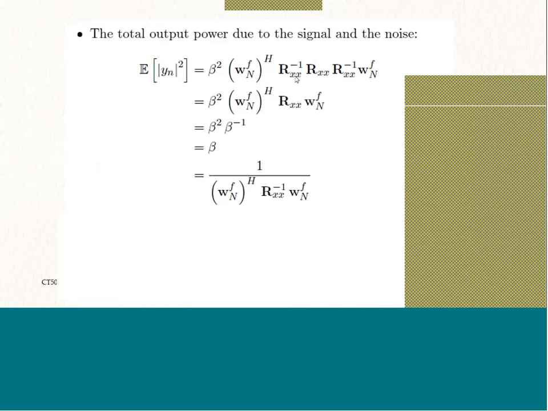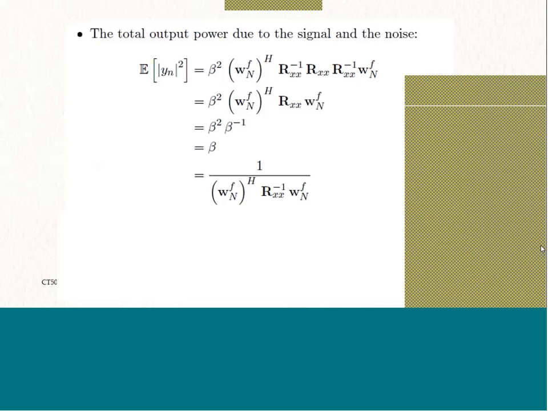Can anyone tell me where this expression in the first line came from? Komal, can you explain where this first line came from? Yes, do you have anything to comment, Komal?